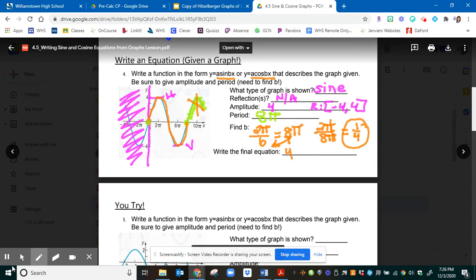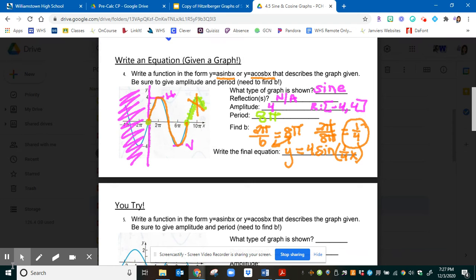So this equation is going to be y equals, there's no reflection, so I'm going to have my amplitude, which is 4, sine, and then I'm going to plug in my B value, which is 1/4 x. And then you're all done. You don't always have to have a pi in the B value. It could be a regular number or it could have a pi in it.